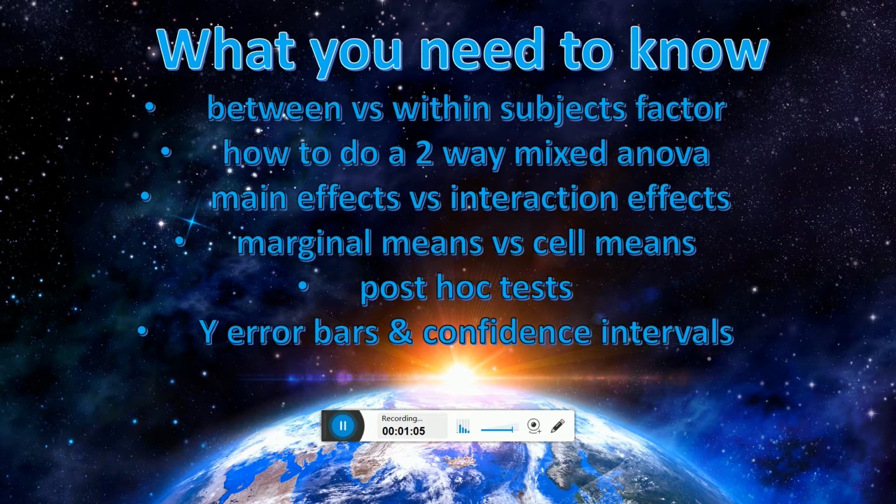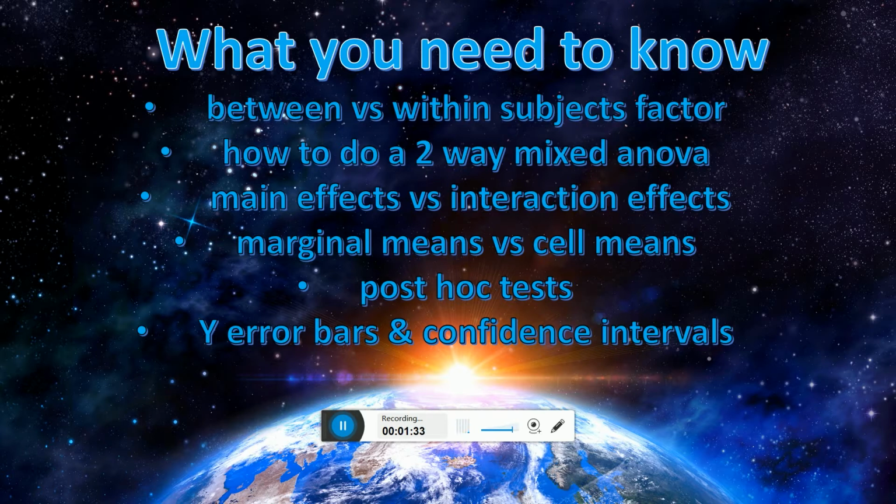Main effects versus interaction effects, marginal means versus cell means, post-hoc tests, why error bars, and confidence intervals. If you don't know these topics, then please watch some of my other videos. I will have videos on all these topics if they're not up already, and that will get you ready for the two-way mixed ANOVA and the follow-up of tests of simple main effects.